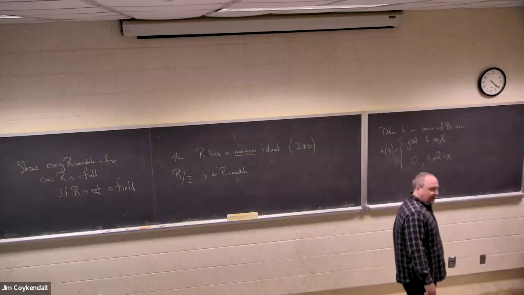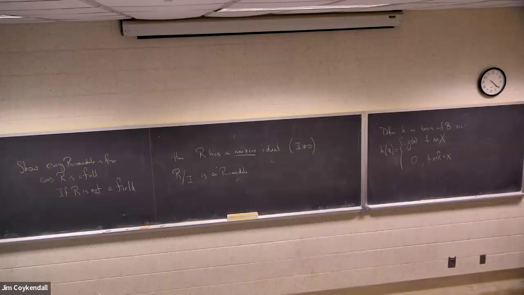That is a general statement that I can make for any commutative ring with identity. Any R mod I is an R module. Take an element r in R and multiply the coset x plus I by it, and you get the coset rx plus I. And it's also trivial.